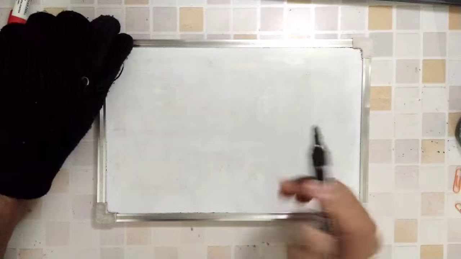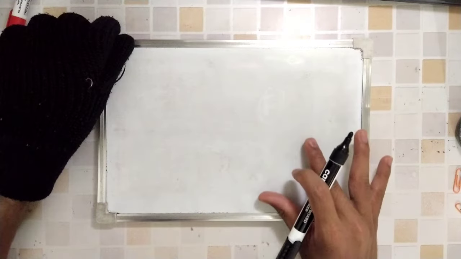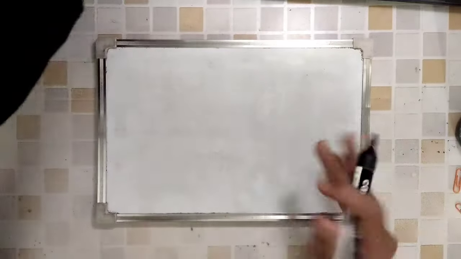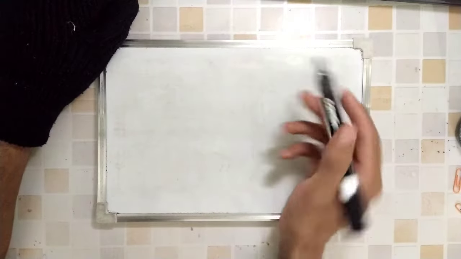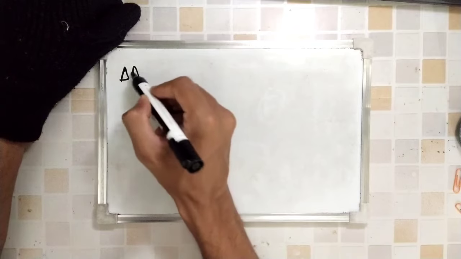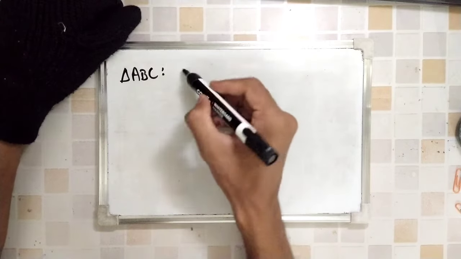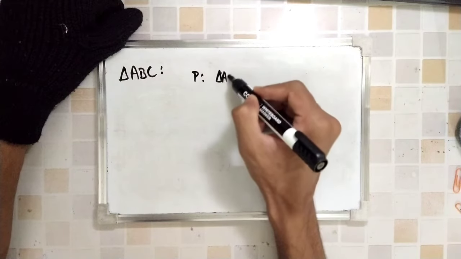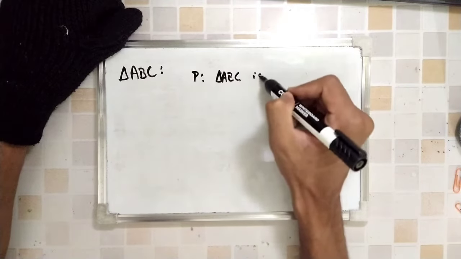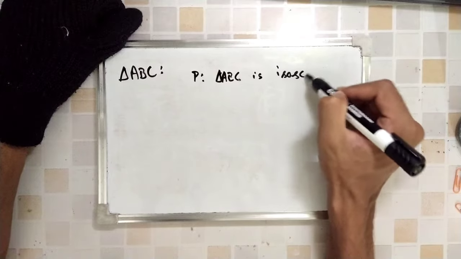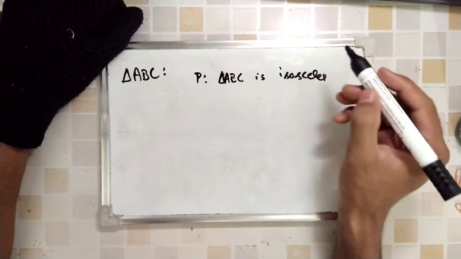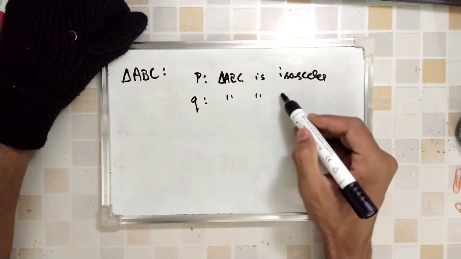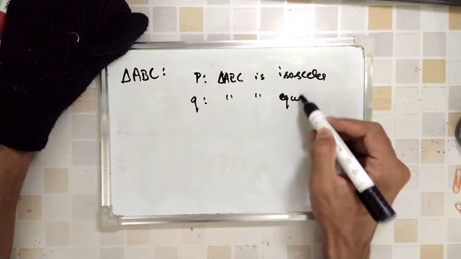Let us see a normal and simple problem. They have given a question concerned with a certain triangle, triangle ABC. The first proposition P is: triangle ABC is isosceles. Then another proposition Q saying that triangle ABC is equilateral.